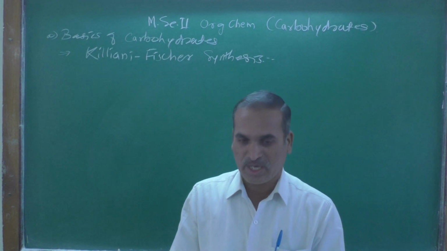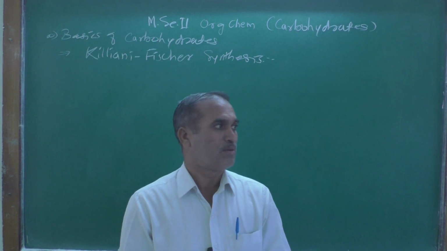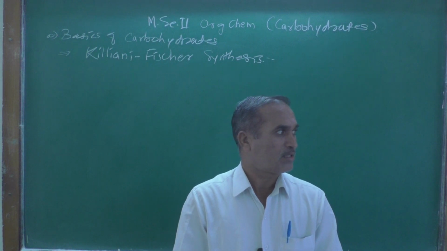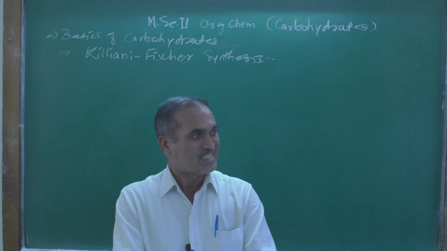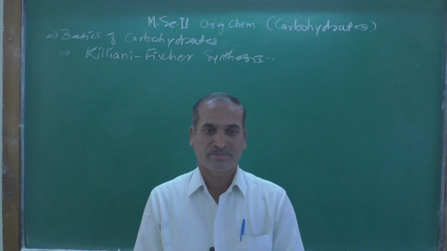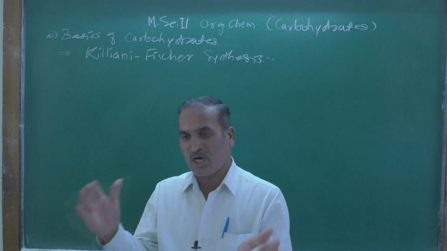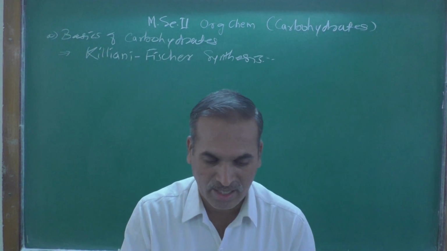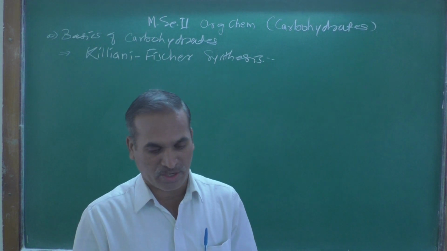Rule number 3: the vertical bonds are considered to be projecting below the plane. So these are the general rules to represent carbohydrates.